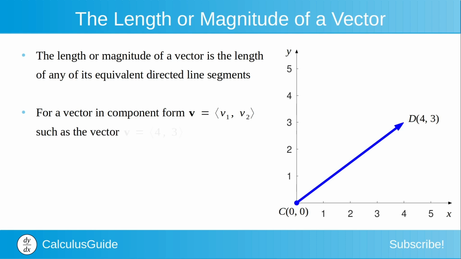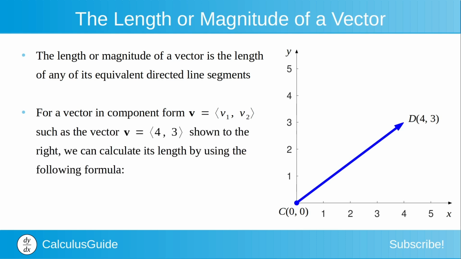For a vector in component form, V equals ⟨V1, V2⟩, such as the vector V equals ⟨4, 3⟩ shown to the right, we can calculate its length by using the following formula. The length of the vector V is equal to the square root of V1 squared plus V2 squared. In this example, V1 is equal to 4 and V2 is equal to 3.